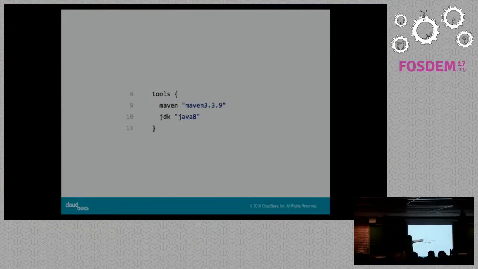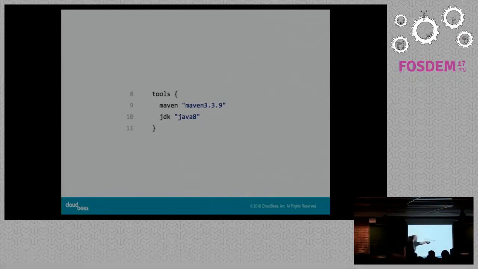Another directive we've got here is the tools directive. If you've used Maven or JDKs or NPM or a number of other tools in Jenkins, you may have encountered that, if you've configured them on the master, you can auto-install them on the agents. You don't have to make sure they're already installed, etc. What we have here is a nice simple syntax for making sure that those tools get installed onto the agent before we run.